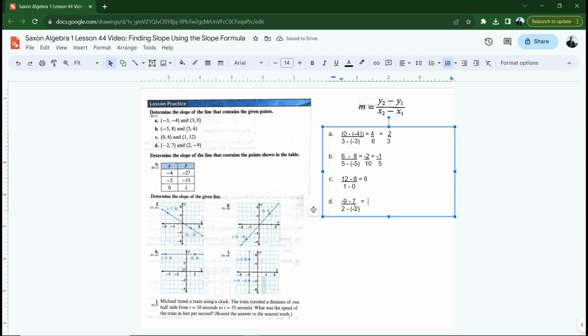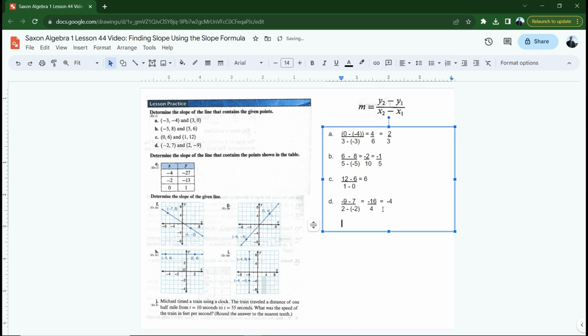Negative 9 minus 7 is negative 16. And then let's see, 2 minus a negative 2, that's going to be 2 plus 2. Minus a negative is plus. So this is going to be negative 16 over 4. This simplifies to something really easy. It's just negative 4. So this graph is going to go down 4 over 1, down 4 over 1, and so on.